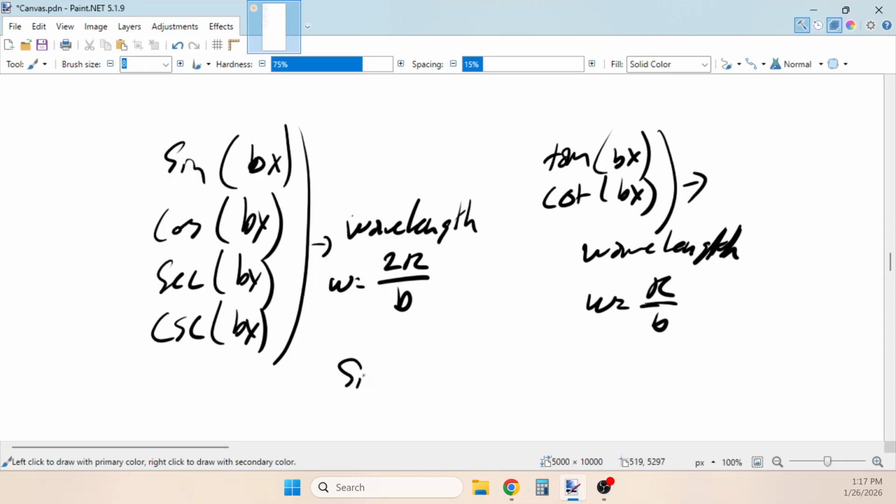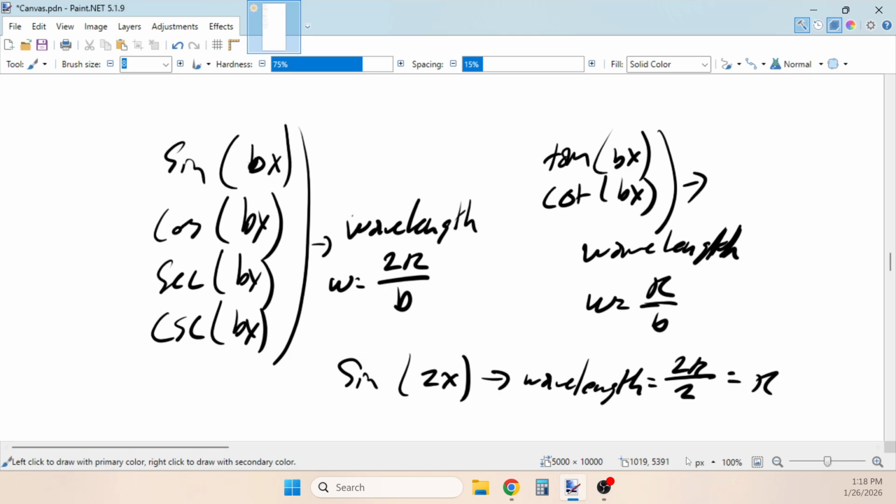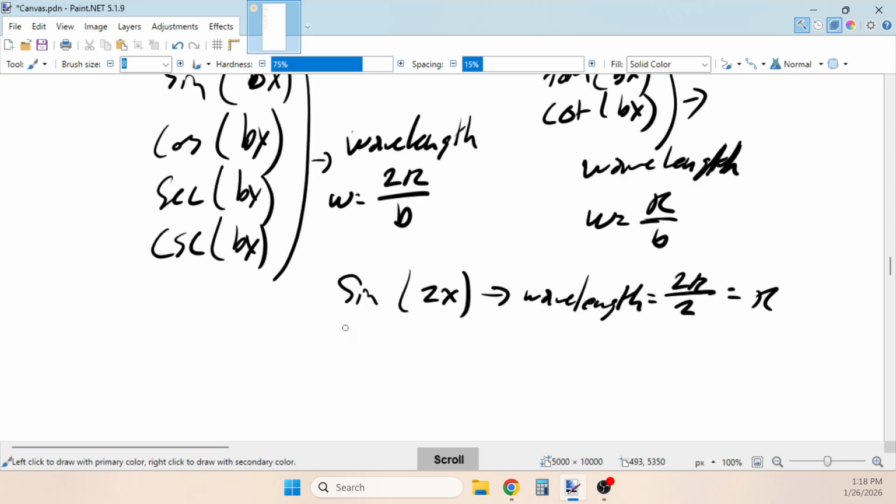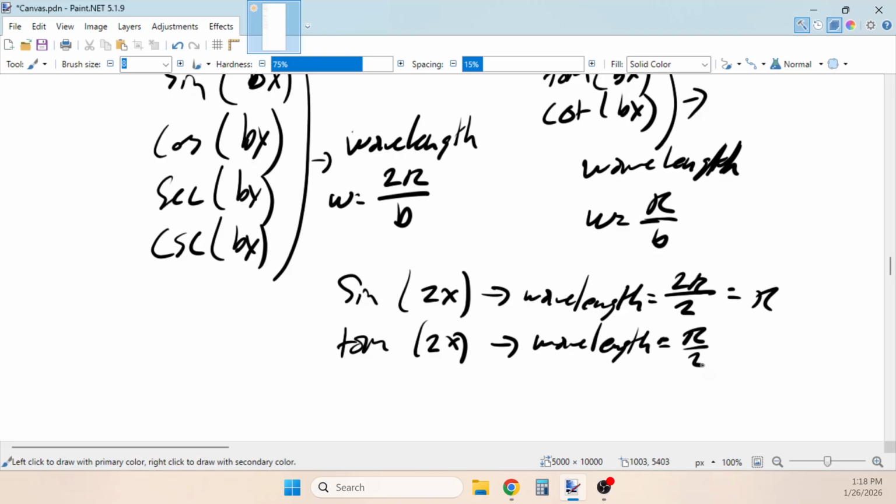So if you have sine of 2x, the wavelength will be 2 pi over 2, which equals pi. But if you have tangent of 2x, this gives you a wavelength of pi over 2.